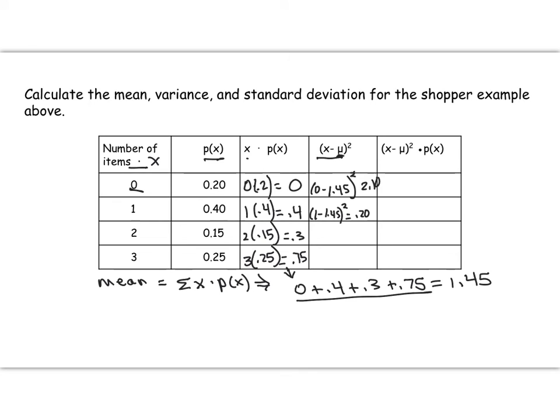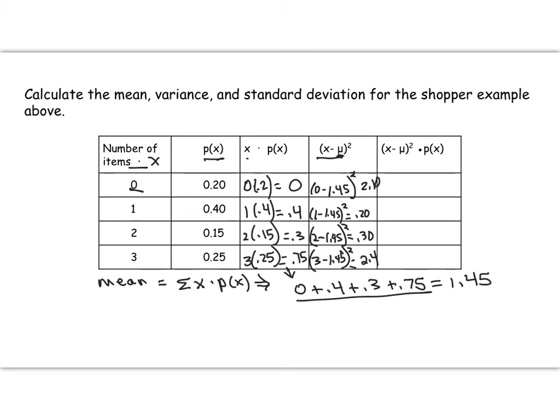And then 2 minus 1.45 squared is going to be 0.30. And 3 minus 1.45 squared is 2.4.